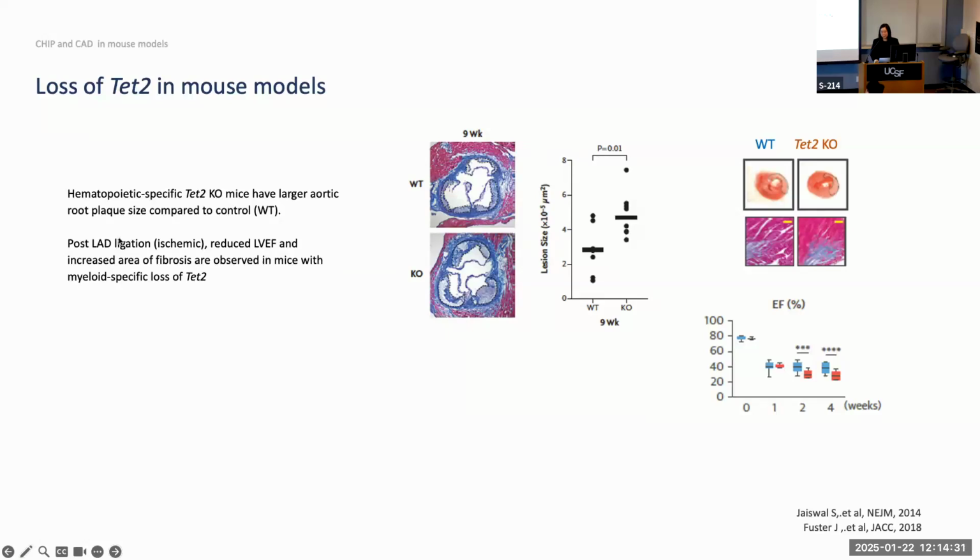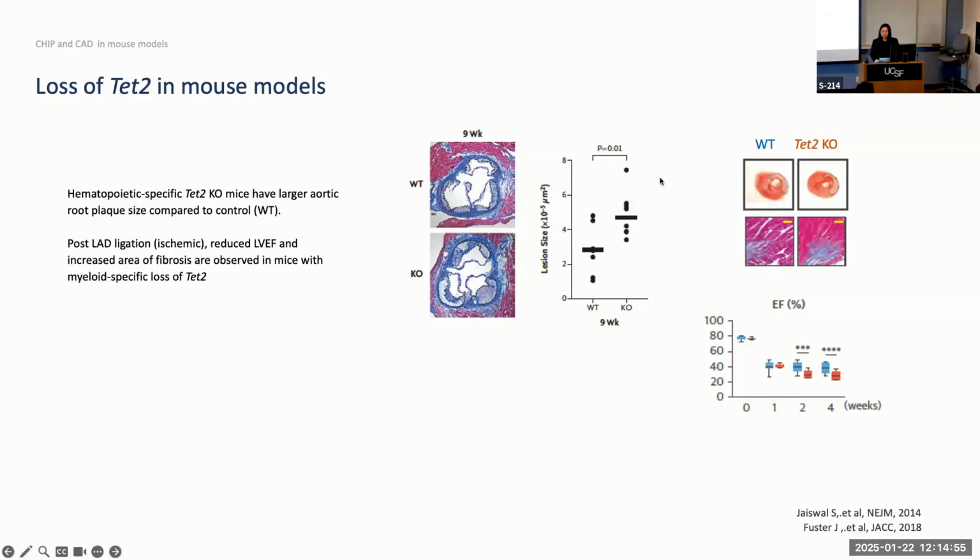And these mice are on a background of LDLR deficiency, so they're proatherogenic. After being fed a Western diet or a high-fat diet, we see that at 9 weeks, these mice develop greater aortic plaques at the aortic root. And this is more prevalent in mice that have loss of TET2 in their hematopoietic stem cells. And this is its quantification.